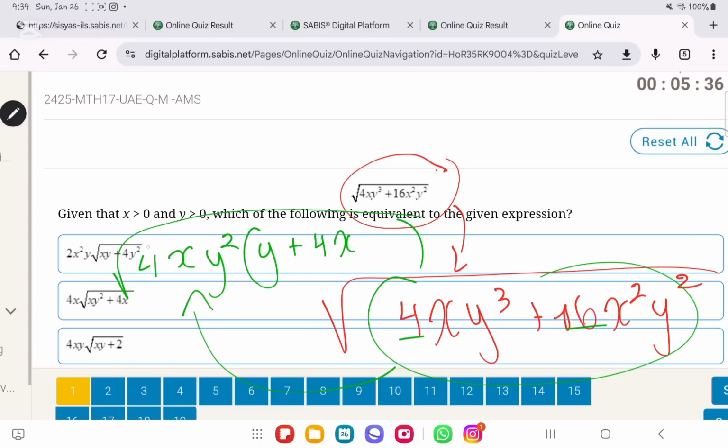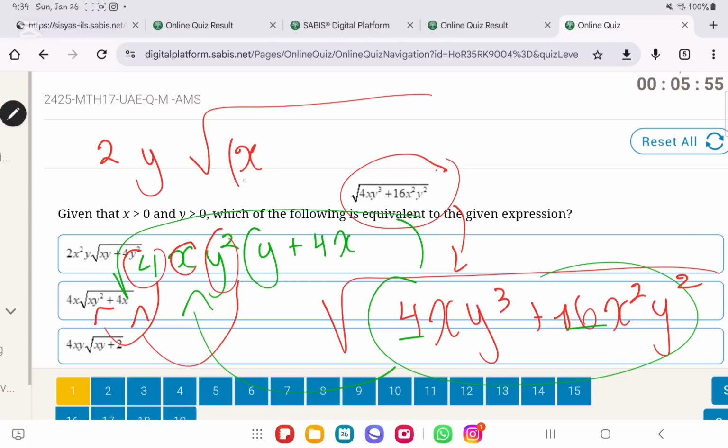Okay, so now let us take these outside of the radical. So we can take 4 outside of the radical, it's gonna become 2. X, we cannot take it outside of the radical, so it will remain inside. Y squared, we take it out, it will become y. So outside of the radical we have 2y, and inside we have x times y plus 4x.